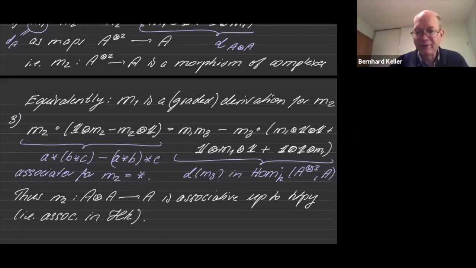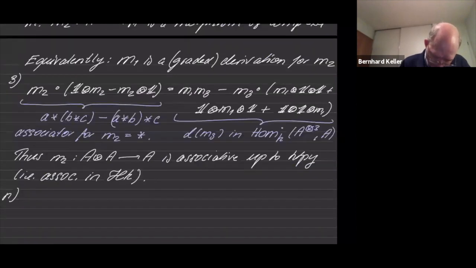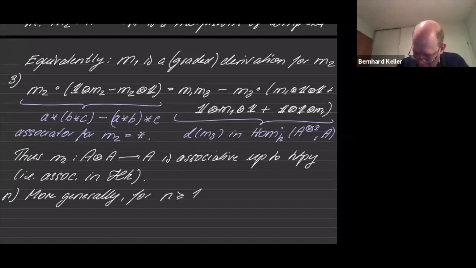Okay, so these are the first three equalities, and the nth equality is the following one. For n greater or equal to 2, we should have the following identity.